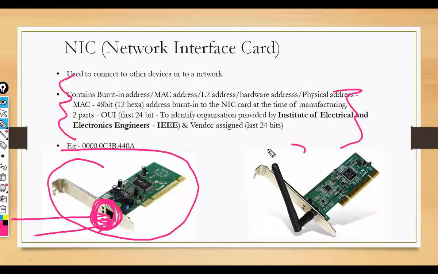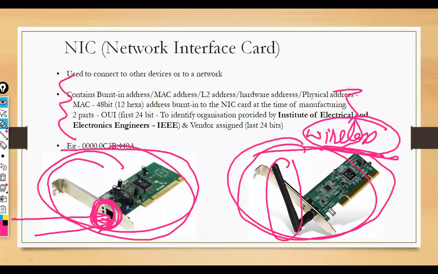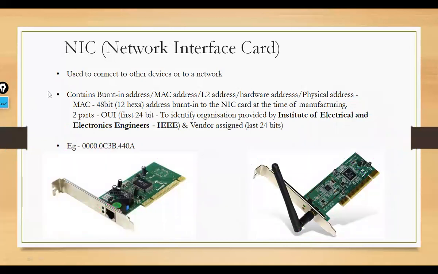Whereas this one is the wireless NIC. It has an antenna. So this is the wired one and this is the wireless one. Okay, yes. So this is the second requirement, which is called NIC, or network interface card. Any doubts?